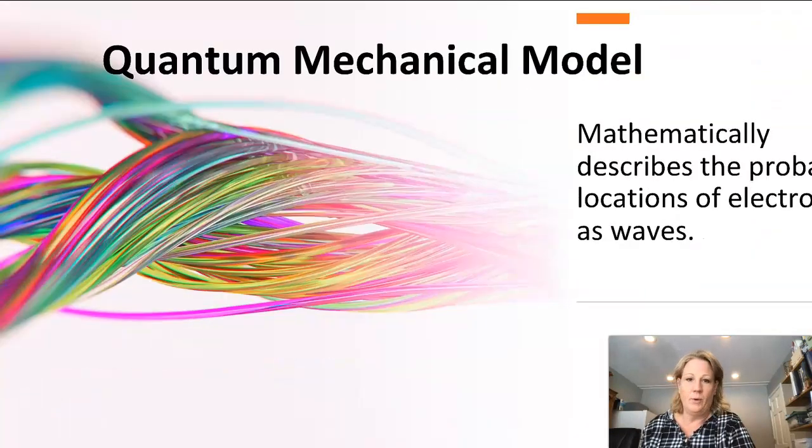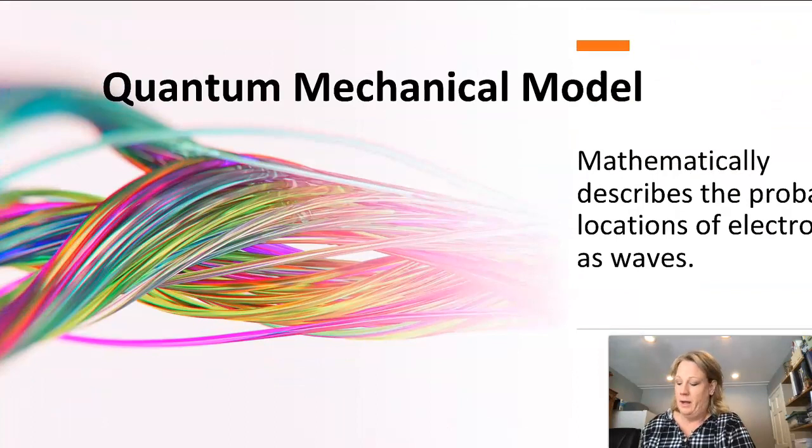So we do use the quantum mechanical model. And this is based on math and probability of finding electrons. Also, we know that light is a wave, but also made up of particles, depending on how we're trying to understand something. Similarly, we know electrons are particles, but they also behave like waves.